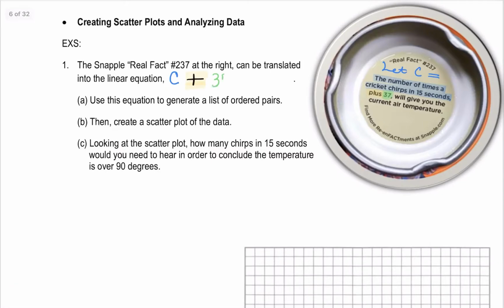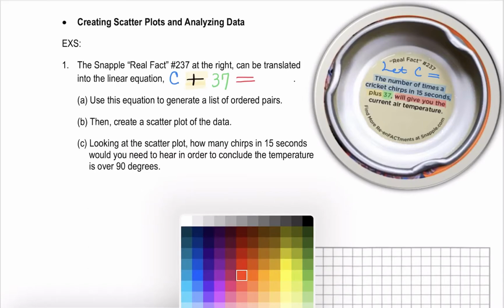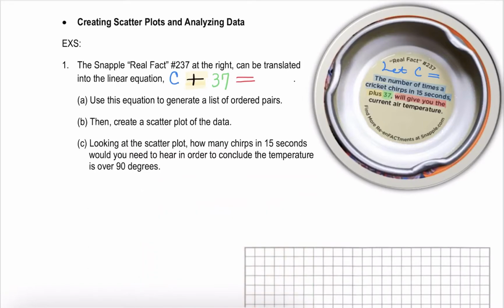So plus our 37 will give you, and "will give you" is just kind of like the "is," right? So it's going to be the equivalent of our is equal to, and then the current air temperature. So let's let the current air temperature equal another variable, T. So let's let T equal that current air temperature.